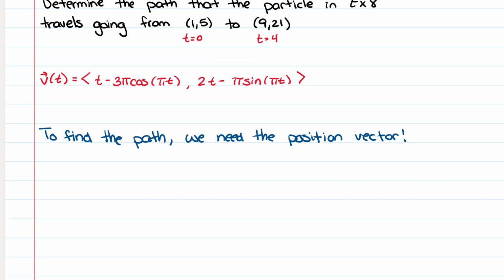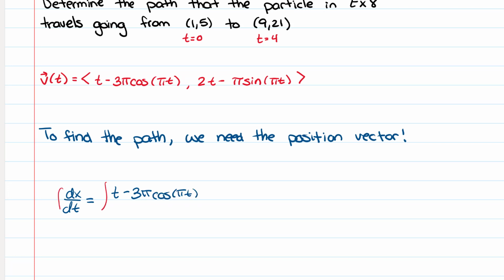So we have that our velocity vector is given by that equation up there. Then our derivative of x is t minus 3π cosine πt.